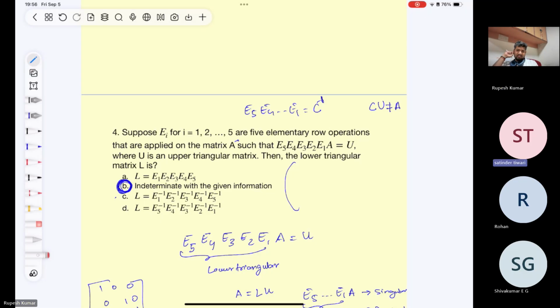I'm not saying that; in the question it is written that the A matrix is such that applying these operations we are getting U. So applying these operations, if we are getting U, it means that the upper row elements of U are definitely of A.